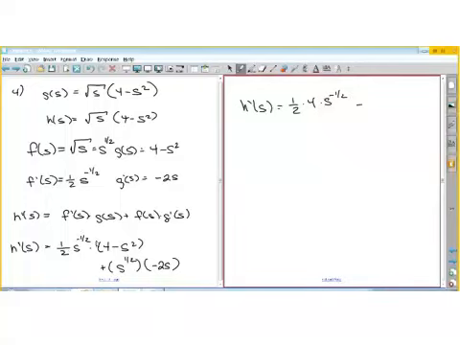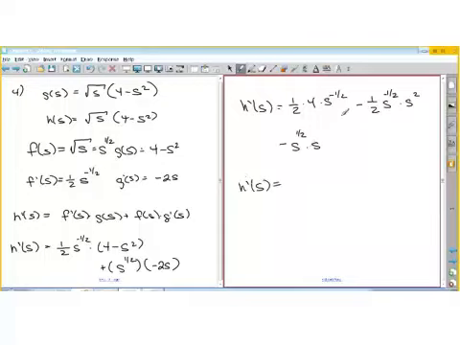The second term, this times that, we'll get 1/2 s to the minus 1/2 times s squared. I'm going to take the negative sign, put that up front. We get s to the 1/2 times negative 2 s. Okay, so you get s to the 1/2 times negative 1 times s.